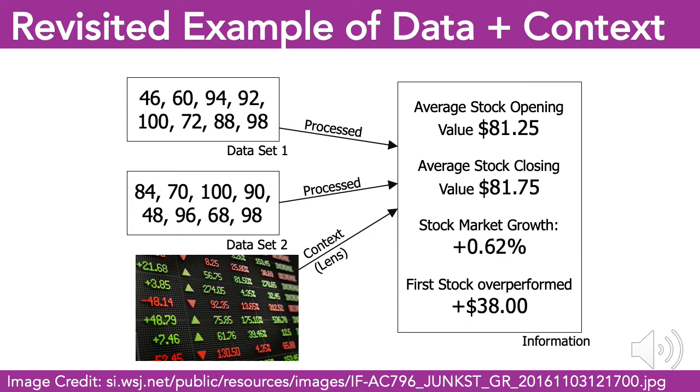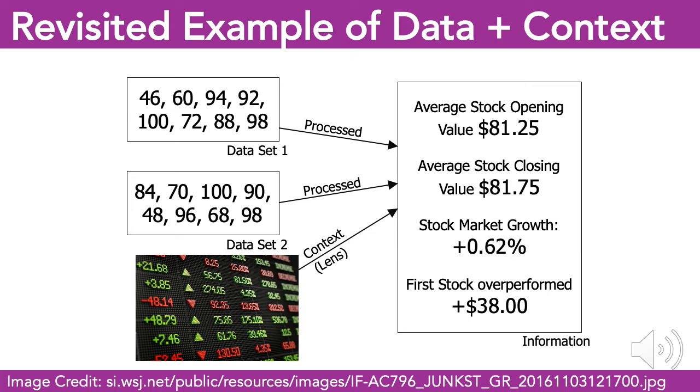Data set 2 is a representation of individual stocks at the end of the day. Again, still within the larger context of the stock market. And so, of course, I can still derive from that the average value of stocks now at open, the average value of stocks now at close, and I can do comparisons and derive information between these data sets.